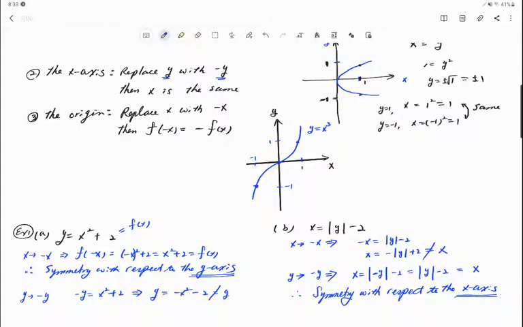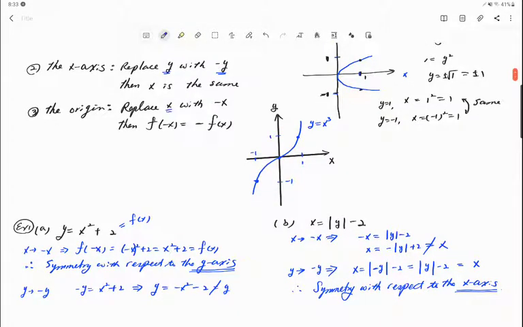That means once you replace x with negative x, the y value will be negated. The sign of y will be different. So if x equals 1, then y is positive 1. But if we plug in negative 1, then the y value is negative 1, because the opposite of 1 is negative 1, right?